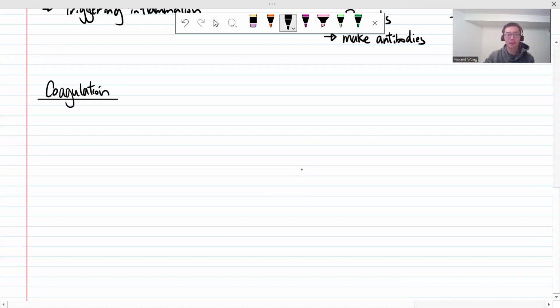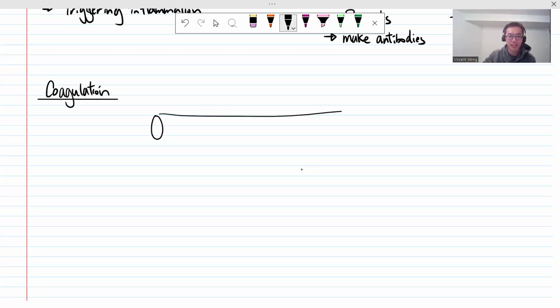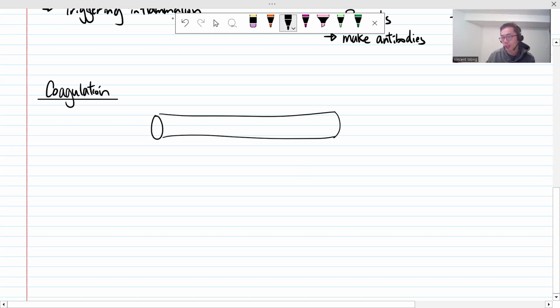Coagulation. All right. So let's say this is a blood vessel of some kind, and the blood is passing through it, no problem. I told you blood cells are happy if they are passing through a smooth surface, right? And the inside of the blood vessel is smooth because it's made up of the endothelium, right? All this is in the lecture last week.